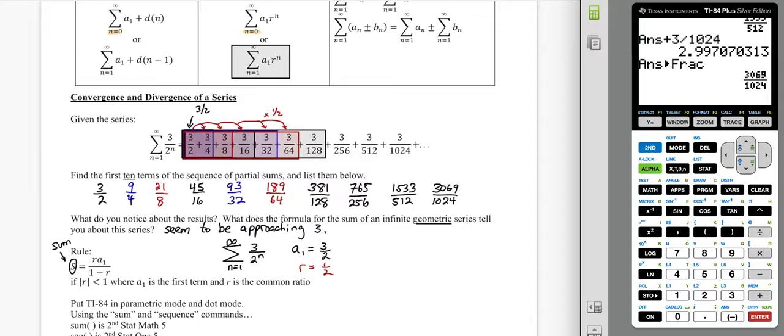If I want to convince myself that this is accurate, I would want to be writing this rule in this form. The sum from n equals 1 to infinity of 3 over 2 times 1/2 to the nth power. Now I need to convince myself that these two things are equivalent.